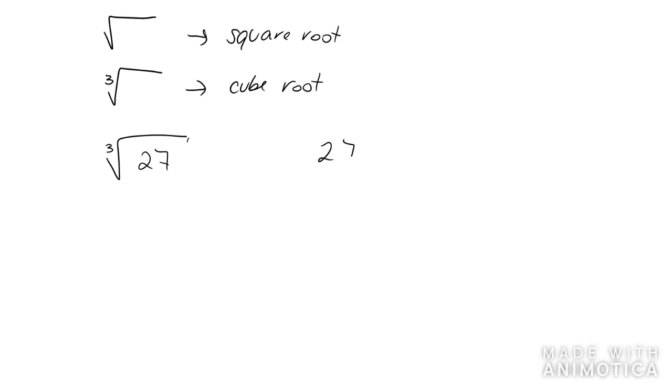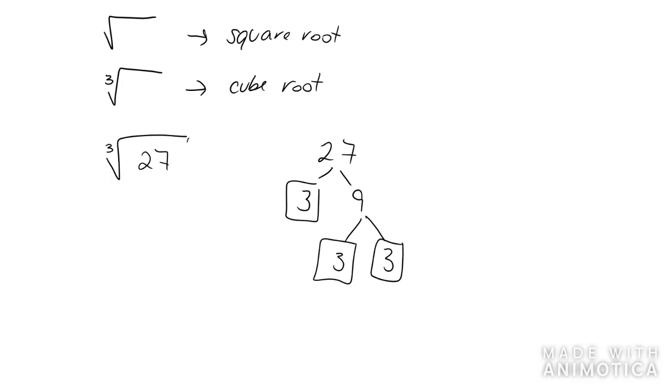One of the methods we can use is to find the prime factorization. So 27, what are 2 numbers that multiply together to get 27? Well, we have 3 and we have 9. 3 is a prime number, so that's as far as we can go. 9 is 3 times 3. So with the square root, we had to divide this into 2 equal groups.